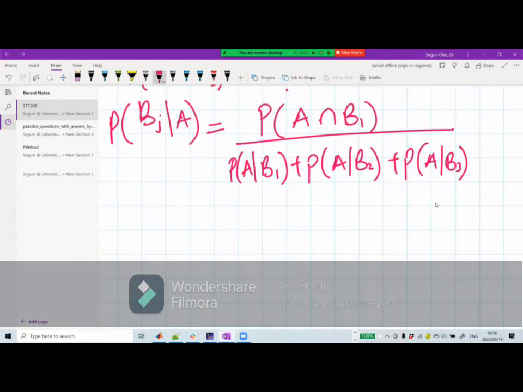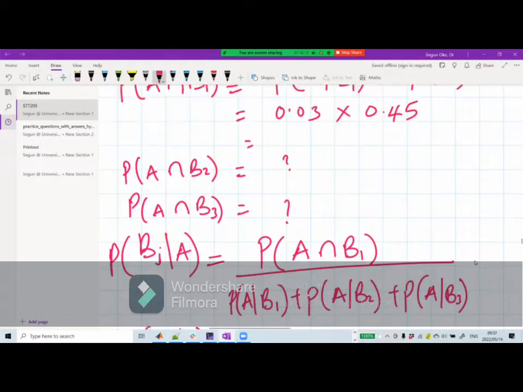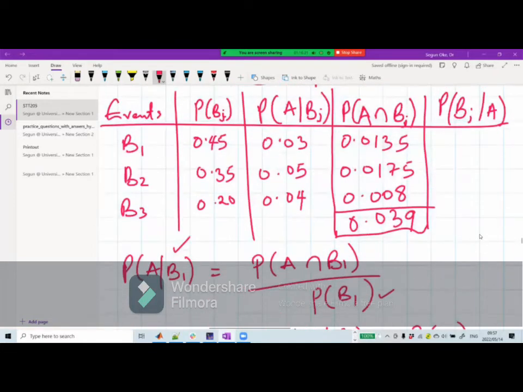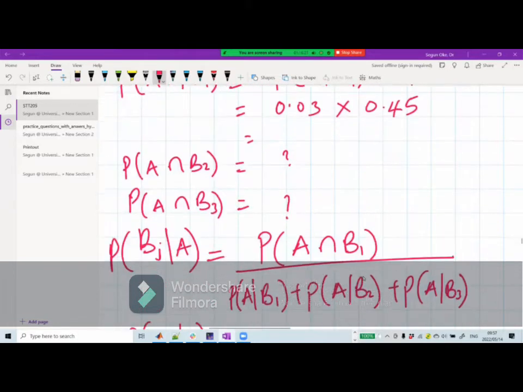So it's going to be probability of B1 given A equals, what is the summation? What is the value for probability of B1 given A? The value is what?